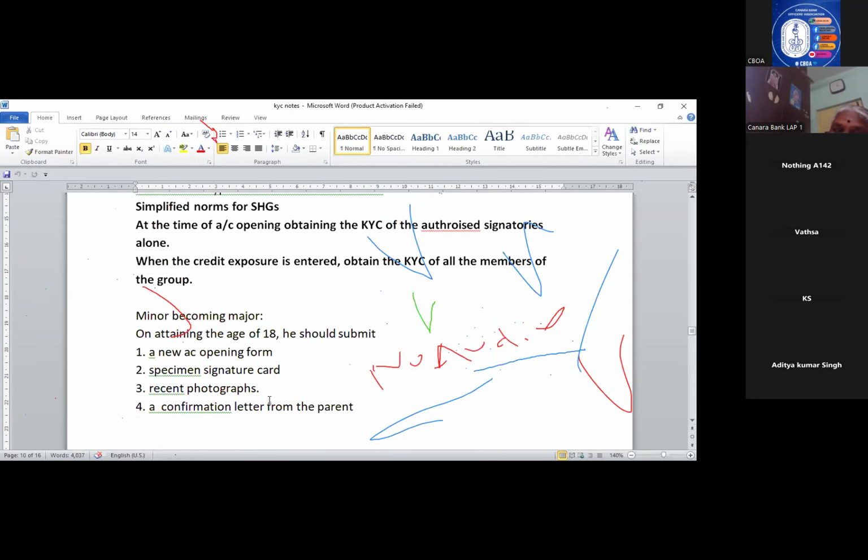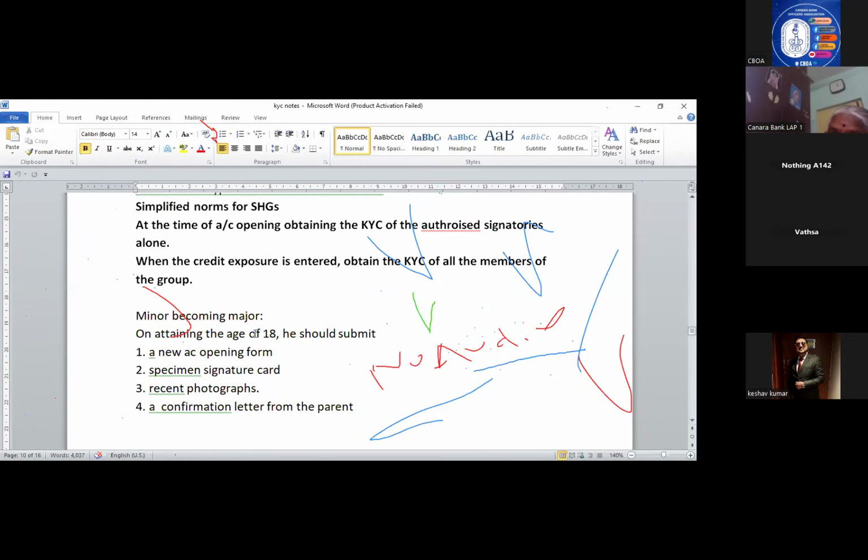Then minor becoming a major. This is also one of the KYC policy. Whenever the minor becomes a major, in CBS in SIM 30, we change the status from minor to major. That is not sufficient. We have to get a new account opening form, because the account opening form is a contract form. A minor cannot contract.